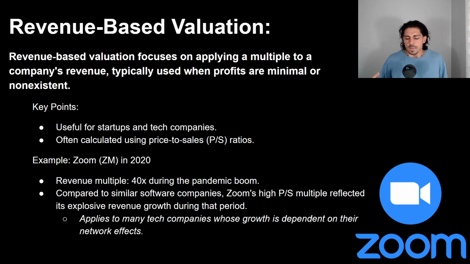Because with a tech company, their growth is dependent on their network effects. So if you know that the user base of a product like Zoom is going to multiply 10 to 50 to 100x over a 5 to 10 year period, then you can apply different types of multiples.